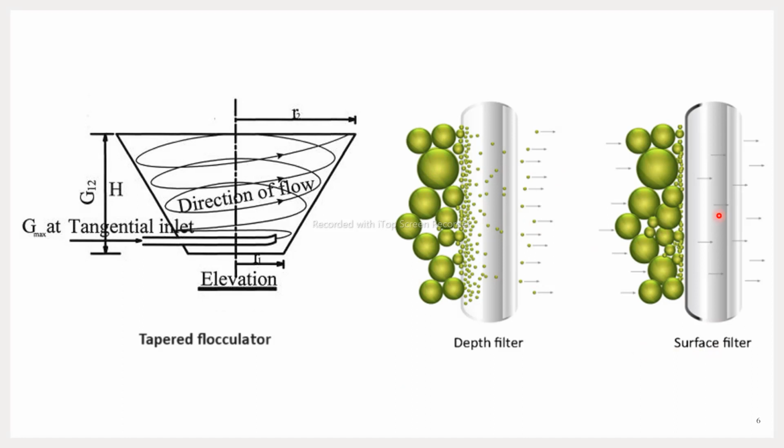But if there is a huge difference between the filtrate and that which must be retained from the solution, there must be a huge gap, and the porosity of that filter must be such that it prevents the non-desired one from passing.